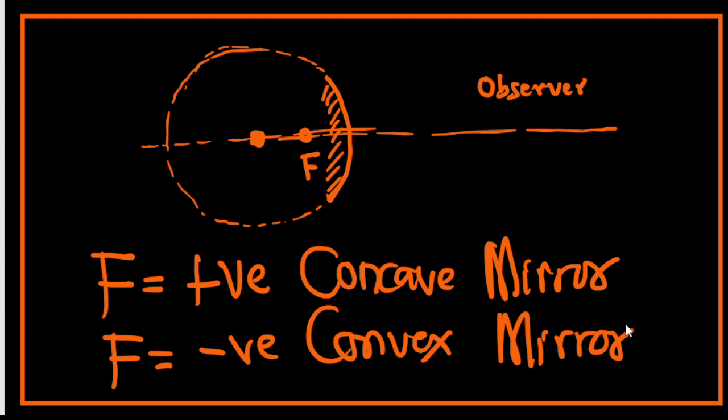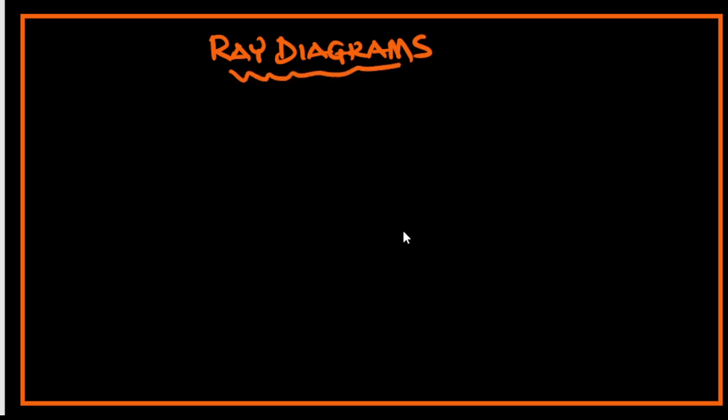Then another thing we'll need is ray diagrams. So we have ray diagrams. What a ray diagram does is it helps you review the properties of the image. It gives you a visual representation of what is happening about what? The image with respect to the object.